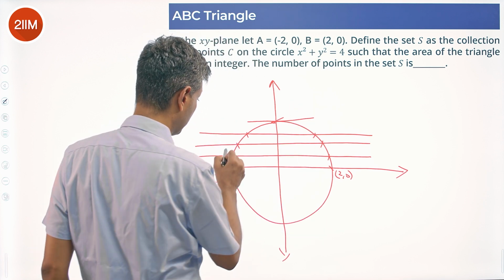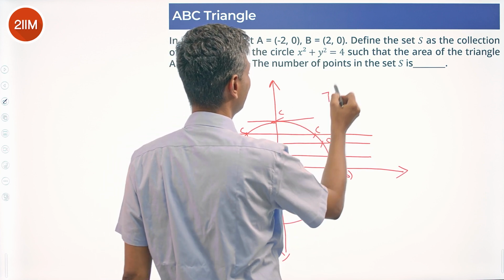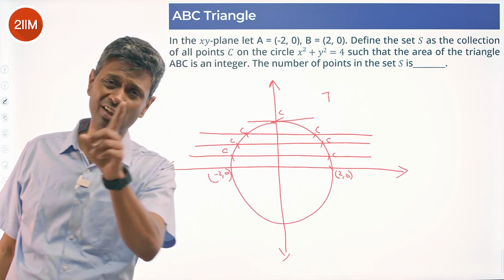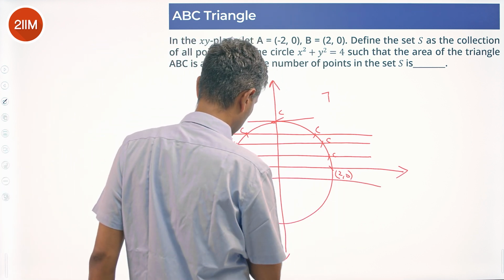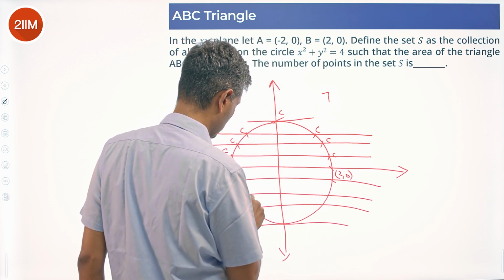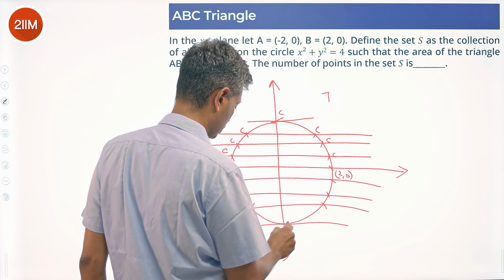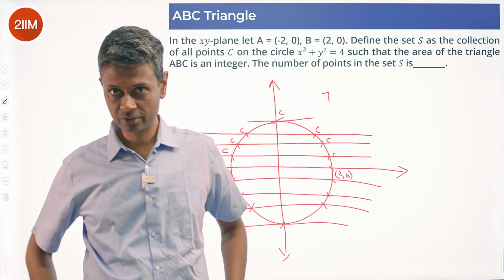So my C could be here, here, here, here, here, here, or here. 7 different points of C. Not just 7. I could have the same scenario here. So 7 plus 7. 1, 2, 3, 4, 5, 6, 7. 7 plus 7. 14 different points of C exist.